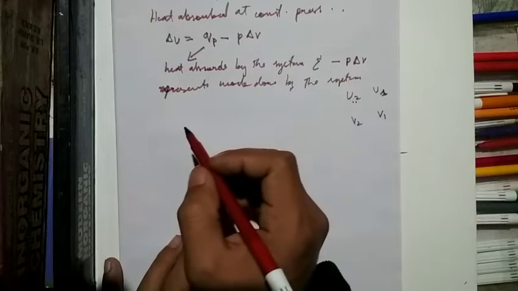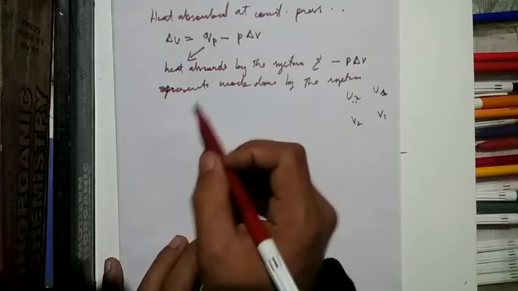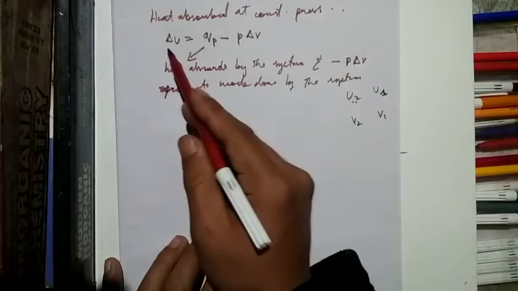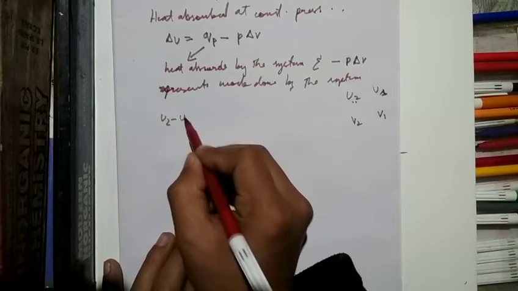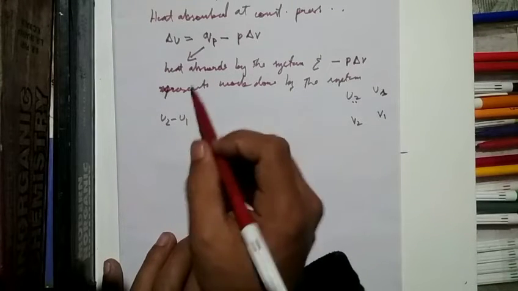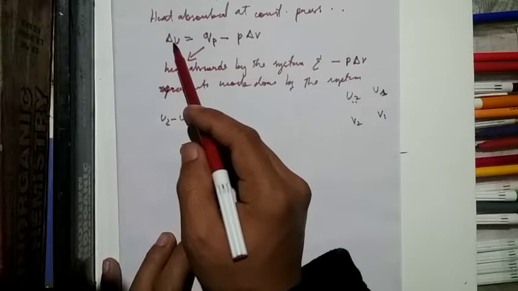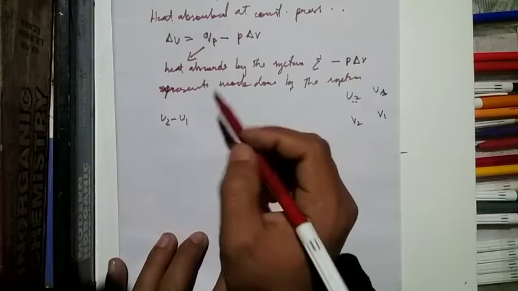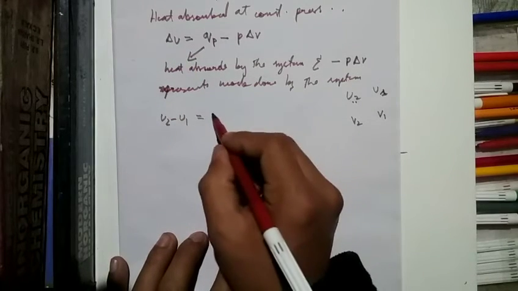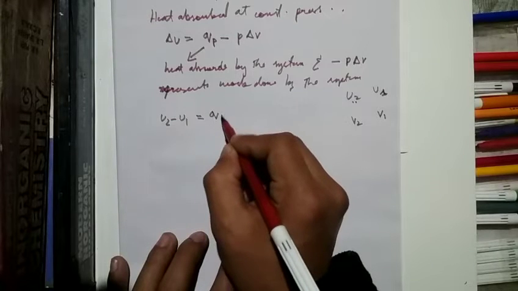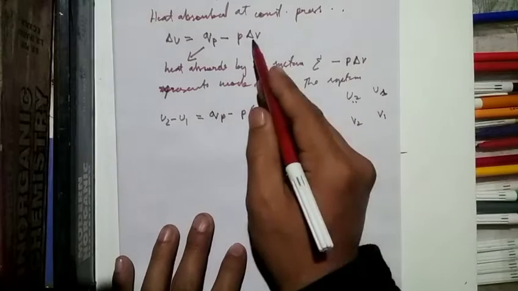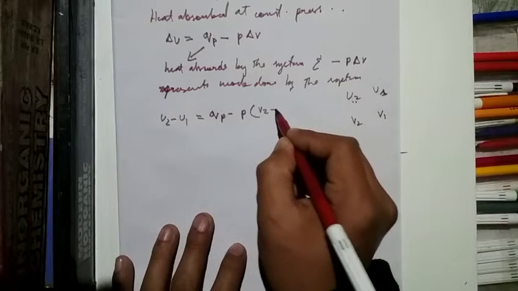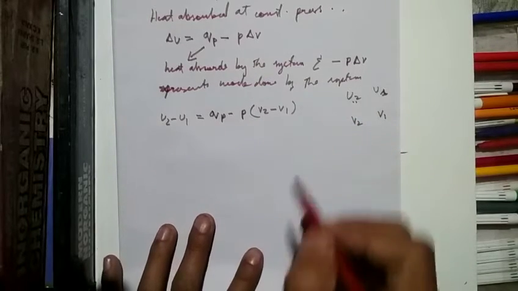So in this case we can write the above expression as U2 minus U1, which will give you the change in internal energy, equals QP minus P delta V, where delta V will be simply V2 minus V1.